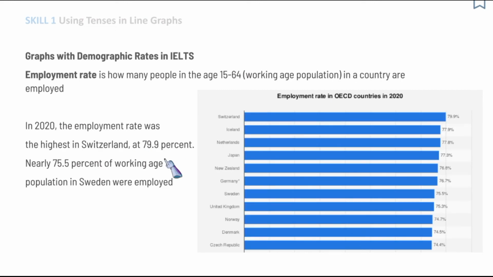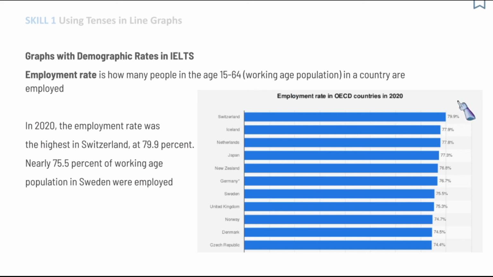Employment rate. This is also quite common, and maybe your graph will be about that. So employment rate is about how many people are employed, how many people work. And usually we're talking about working age population, which is from 15 to 64.